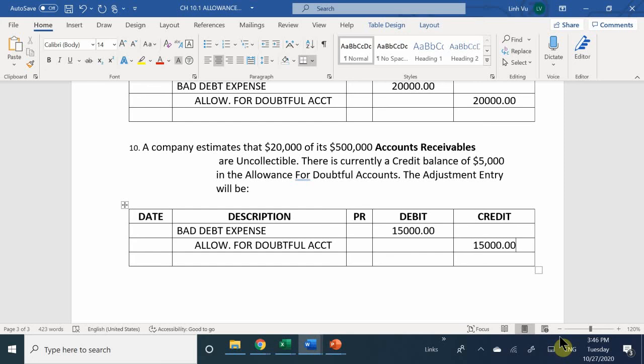If there's a debit balance, that means you need to add the estimated amount plus the extra debit that you currently have to get to 20,000. Because if you're on the left, how many more steps do you need to get to the right side? You need to backtrack and add those two numbers together. If you're already there, how many more do you need to get to the 20,000, is how I look at it. So good.